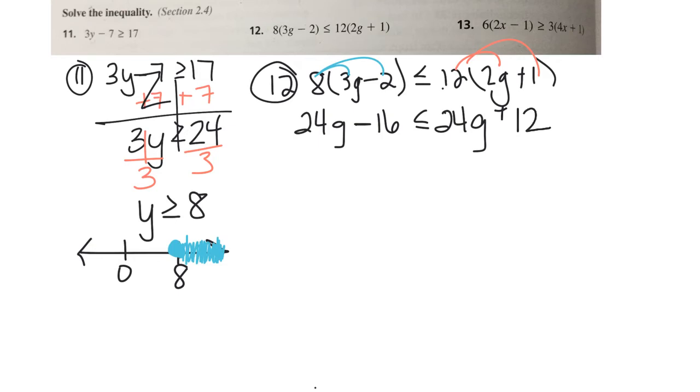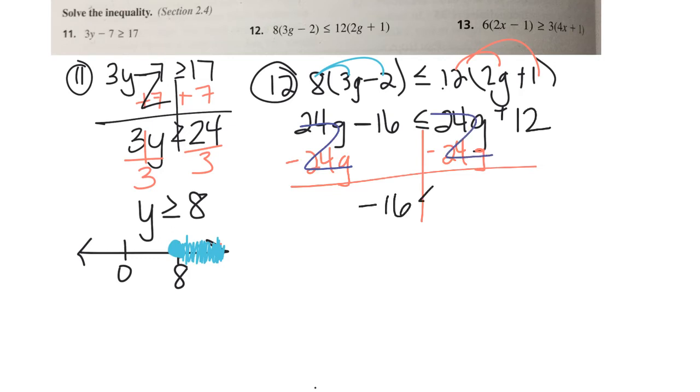Well, like terms includes numbers on the same side of the inequality or equal sign, and I don't have those like terms. And then getting my variables on one side. So let's subtract 24g. And when I do that, I end up with 0 and 0 for my g's. I end up with the statement negative 16 is less than or equal to positive 12.